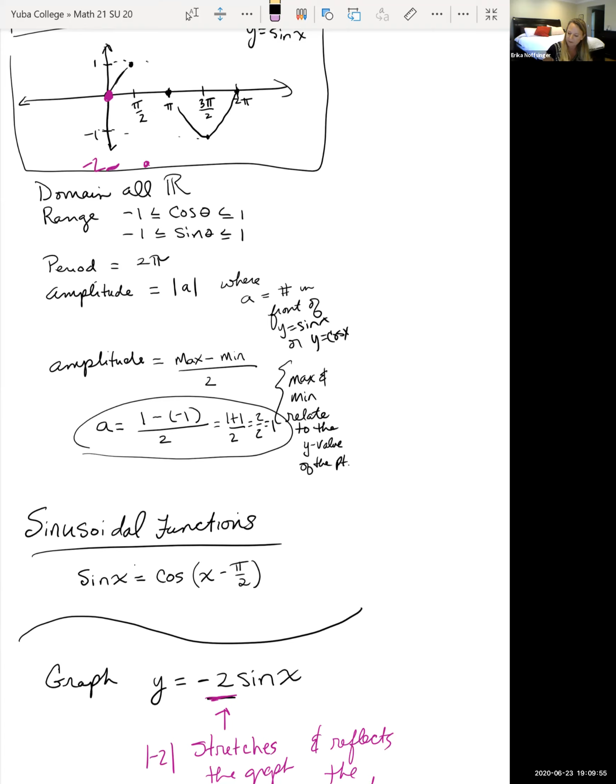And then at pi, -2 times sine of pi, well, sine of pi is 0 times -2. That -2 in front doesn't change anything. And then when I'm multiplying my y value at 3 pi halves by -2, it's now up here at +2. Then 2 pi, 0. More of a curvature kind of idea.